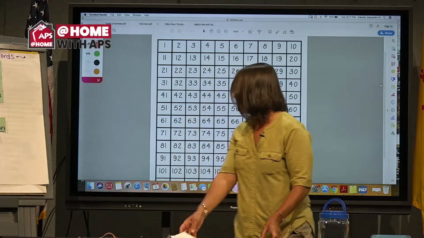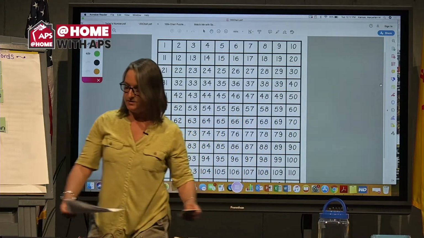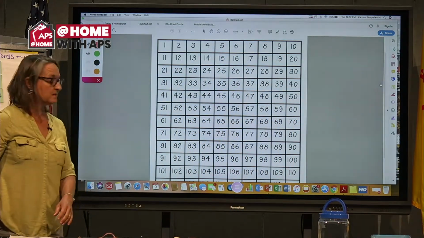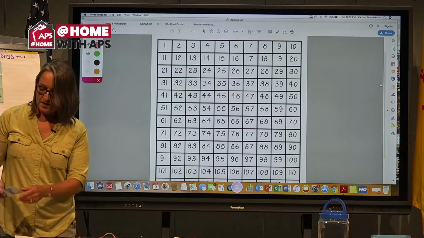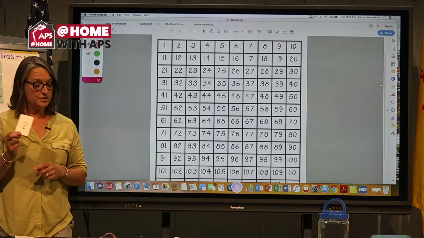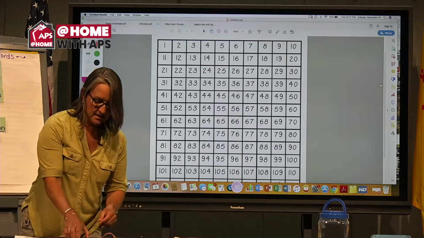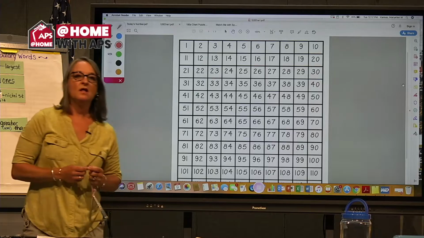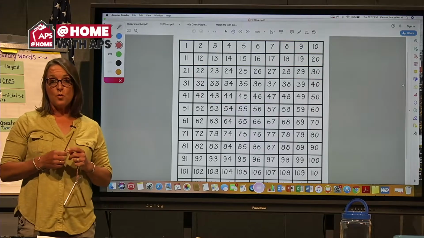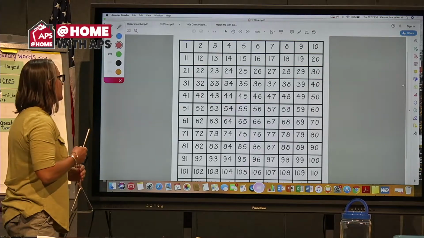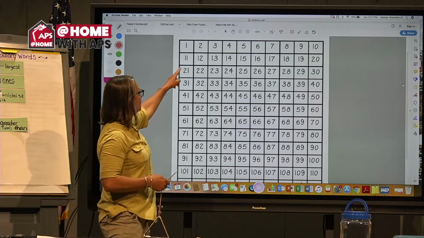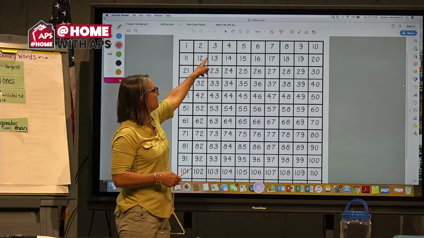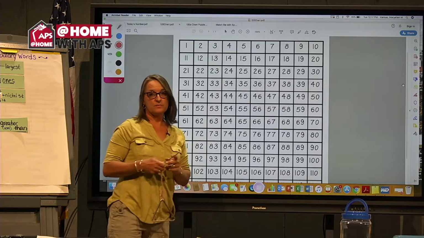Okay, are you ready? Let me move aside so you can see our big number chart a little better. So I've drawn a 2. 2 is a good number to practice. So since I drew 2, I'm going to count 3, 4, 5. The next 3 numbers. We started with 2 and I counted 3, 4, 5, right?